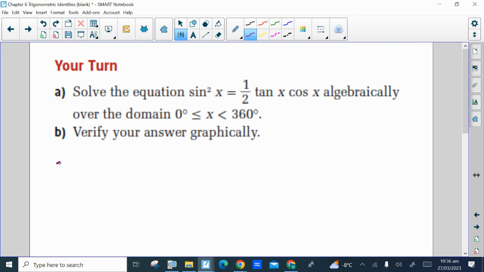Looking at this one. So I've got 1/2 times tangent, which is sine x over cos x, times cosine x, or cos x over 1. And when you write it like that, the cos x's cancel.